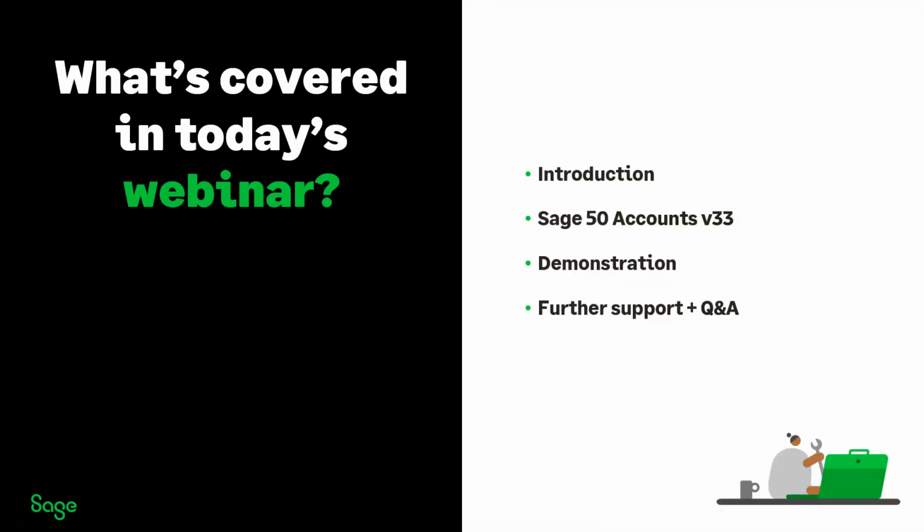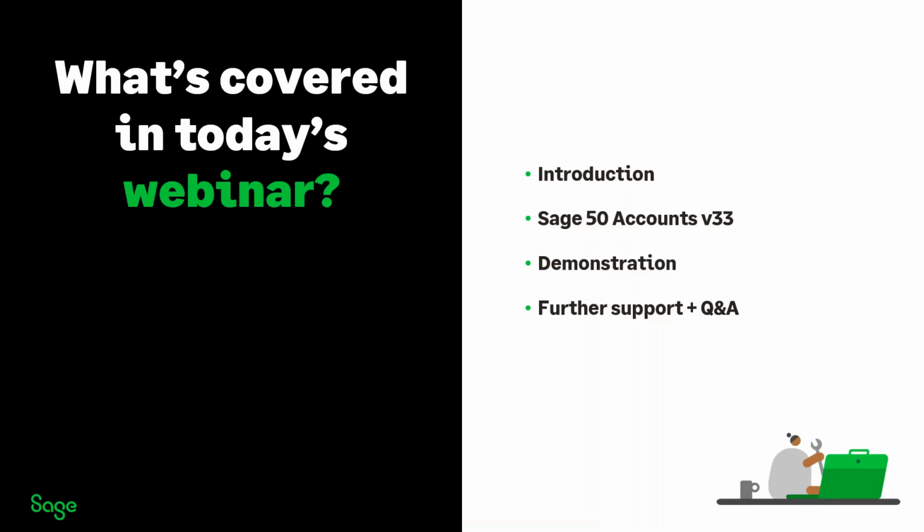Right, okay, let's have a quick look at what we're covering in today's session. I'm going to start with a brief introduction. I also want to quickly mention Sage 50 Accounts version 33, which has just been released. We've got some webinars running on that version at the moment as well. The next one will be in January, so do come along.